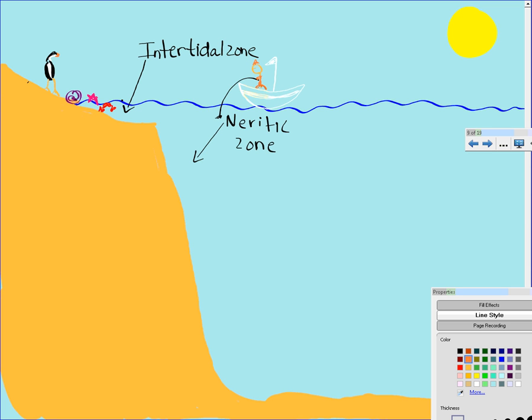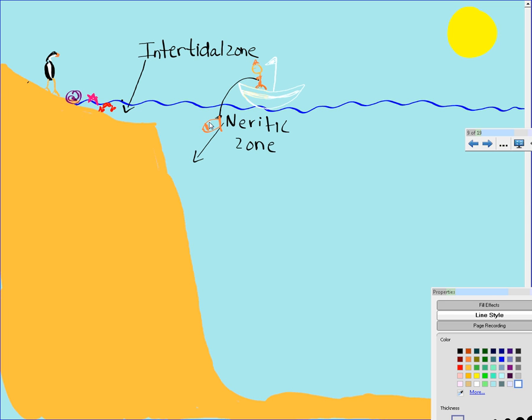And in this area, there are various different types of life here. Here you're going to find, in the Neritic Zone, lots of fish like your colorful fish, which would be who am I drawing?